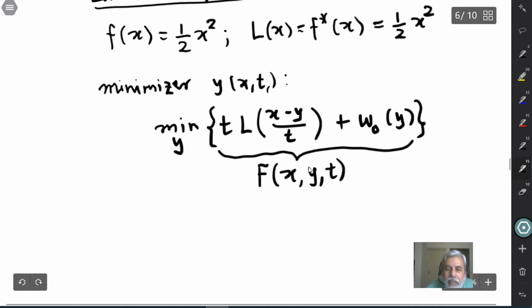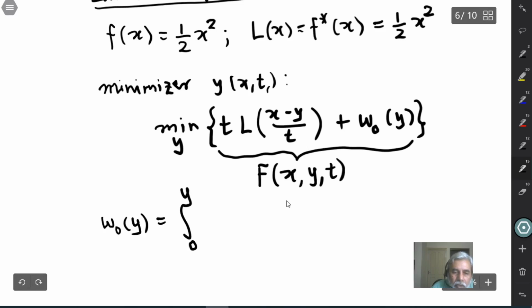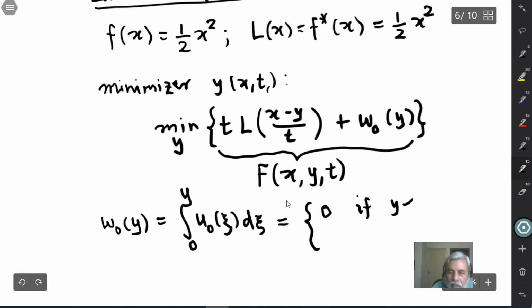Okay, in this case, w0 of y is the integral from 0 to y of u0 j dj. So this is 0 if y is less than or equal to 0, and y if y is positive.